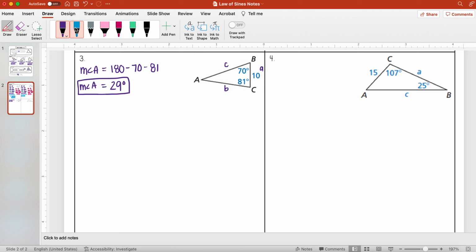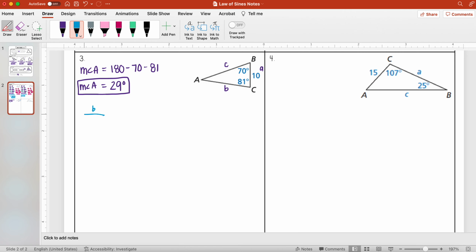Now we can go ahead and find the two missing sides of this triangle. And so I'm going to start with going ahead and setting up proportions for both. First I want to find the side length of B, and that means I want to use my second proportion, so I'm going to have the side length on top.